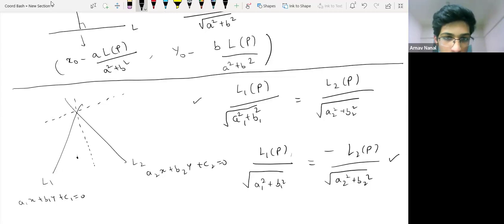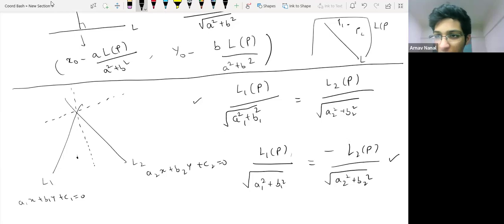Did that make sense, or should I rephrase it? If you have a plane and a line, and any points P1 and P2, then L of P1 and L of P2 have the same signs.